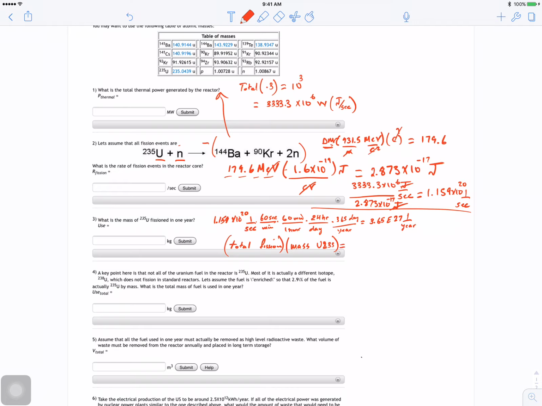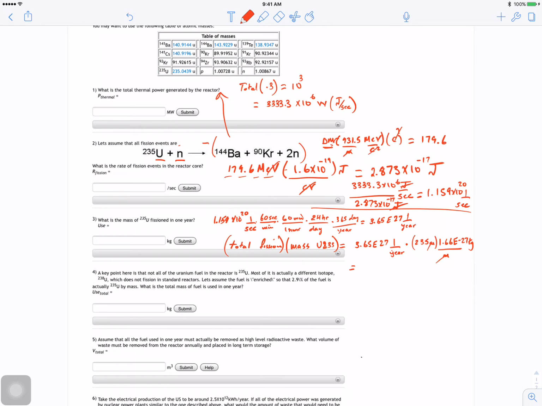So this is going to be 3.65 e to the 27 per year, multiplied times 235 atomic mass units, times 1.66 e to the negative 27 kilograms per atomic mass unit. Now we cancel those units, and this one is multiplied by a year because they want the whole thing for a year.